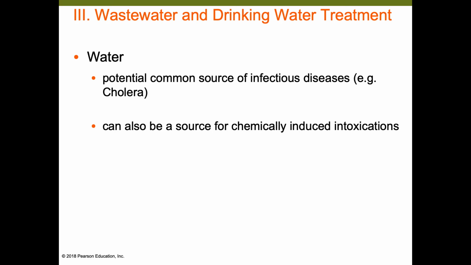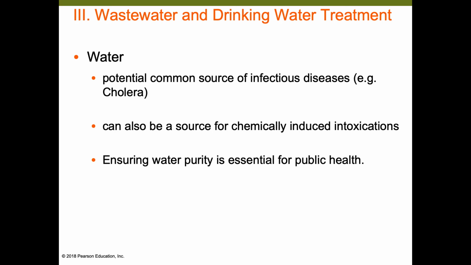And if the water is contaminated, let's say you're downstream of some sort of agricultural operation, that can be even higher levels of chemicals. So in Flint, right, their water supply is completely contaminated with lead. So these chemicals that get in the water supply can really dramatically negatively impact the quality of life in these areas. So ensuring the quality of water purity is completely essential for public health.